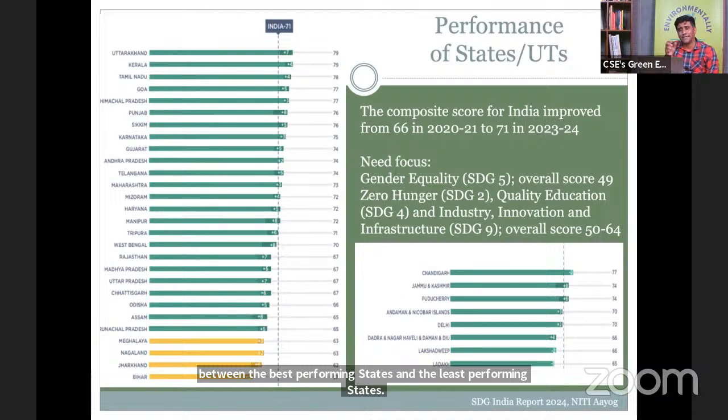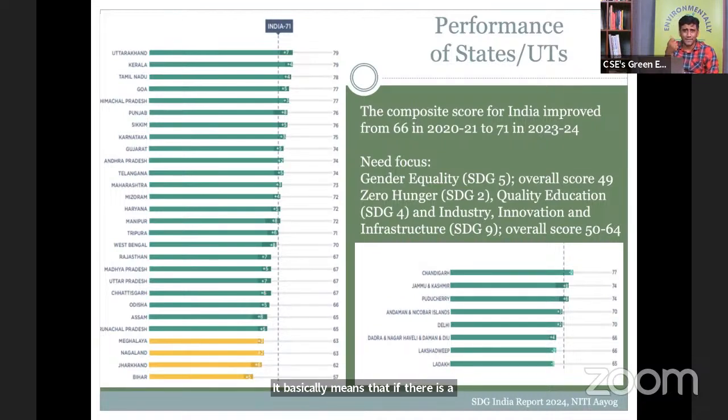It basically means that if any of these states face a massive extreme weather event, or other problems come up, then this might actually get reversed. So we are not making a lot of progress. Even the best one is not really making that much progress. So that is something you have to be careful about when you're looking at it.